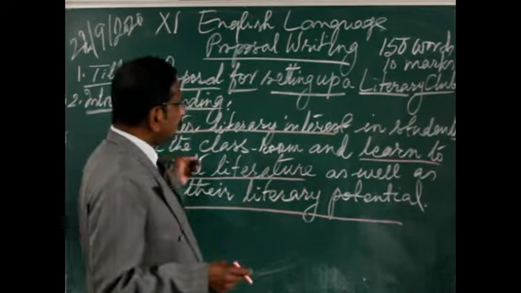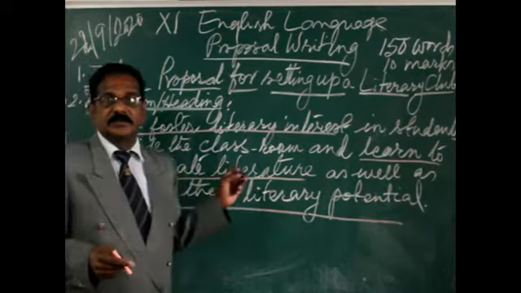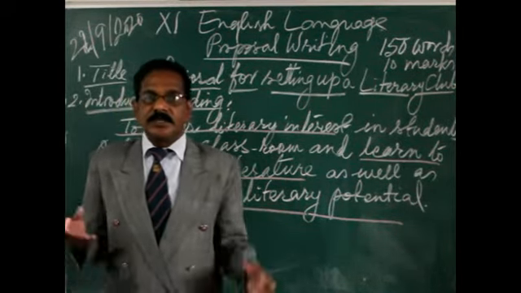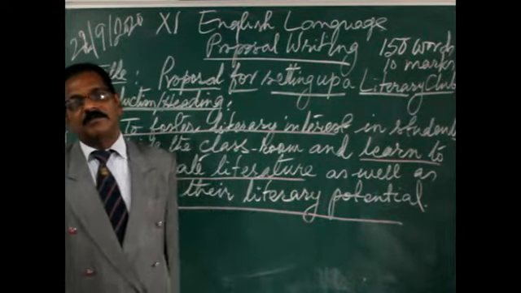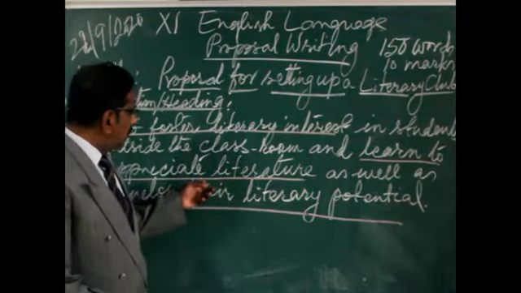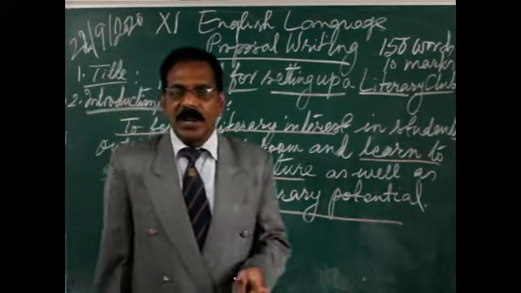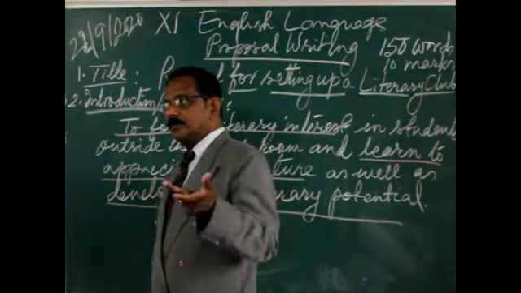And then they learn to appreciate the beauty of literature. Literature is basically a reflection of life, a mirror of life it is called. So you learn to appreciate literature of all cultures, of all languages and of all times.